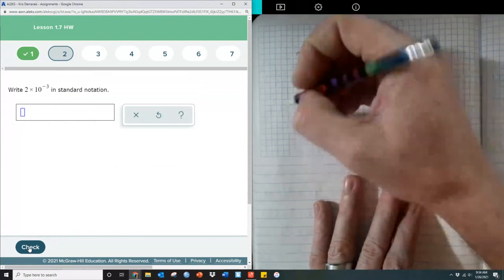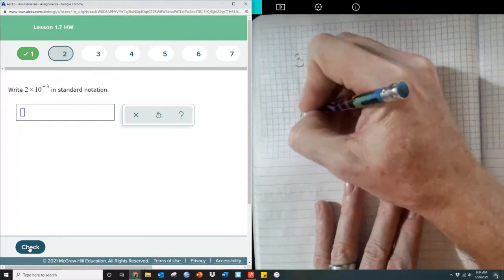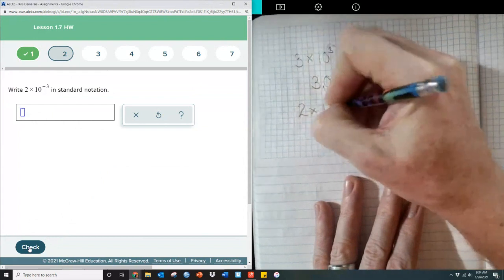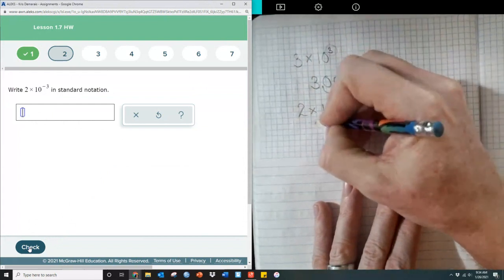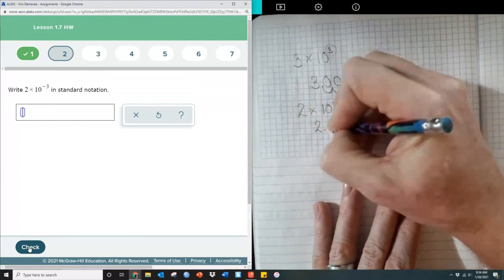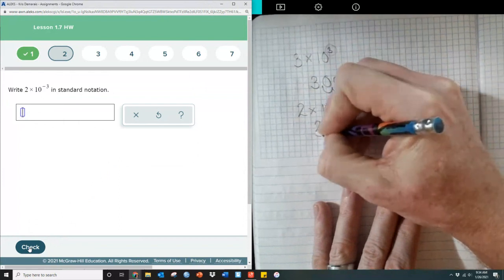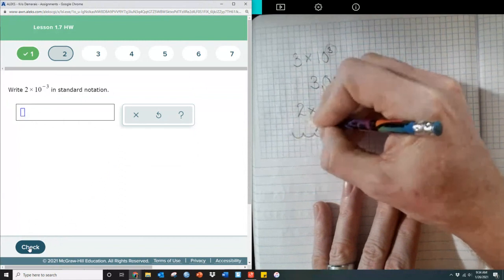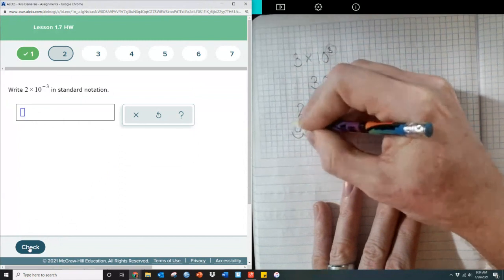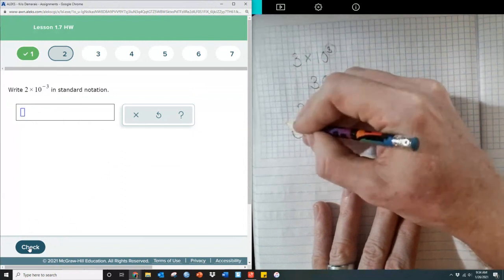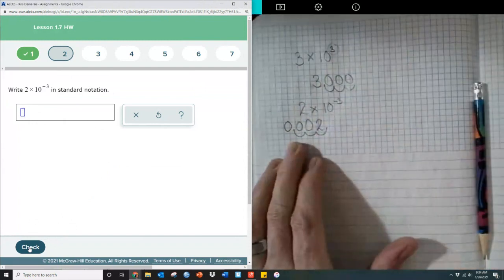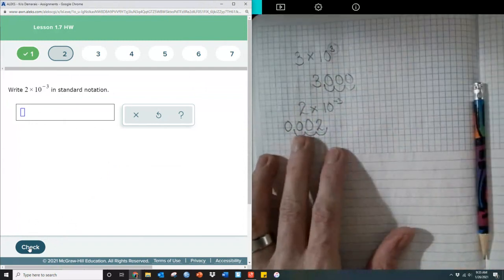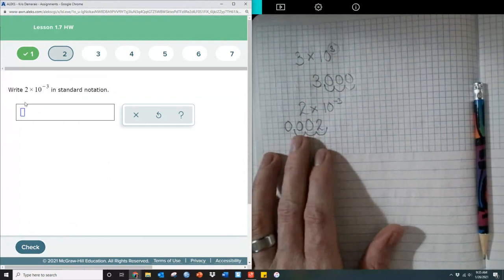So now if the exponent is negative, like this is, then you move the decimal point to the left. So you locate the decimal point and move it to the left. 1, 2, 3. Technically you're supposed to put a 0 here to represent the whole number. So there should be 3 zeros in front of the number that's indicated.